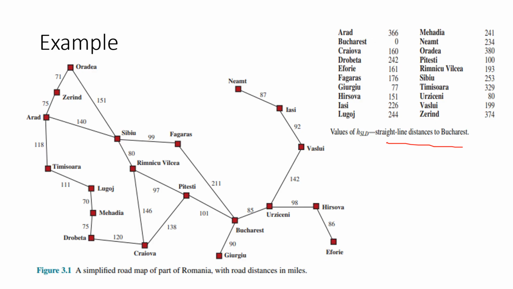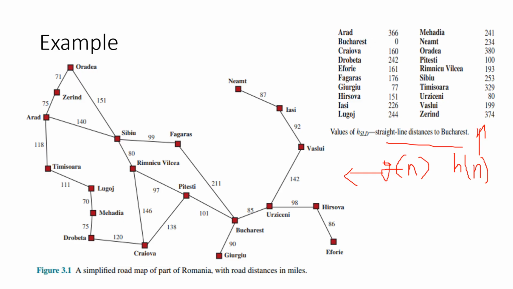In the case of the A star algorithm, we have to consider g of n and then h of n for calculating f of n. The h of n is given in this table on the right side, the straight line distance. And g of n we can calculate from the picture.